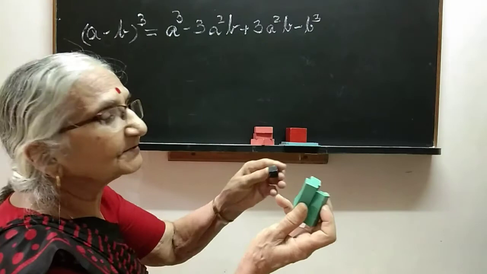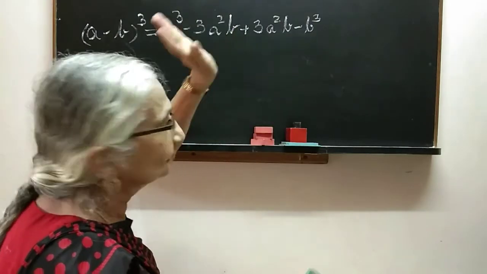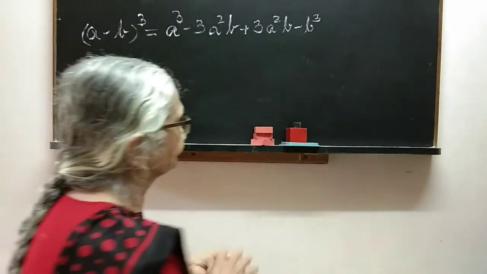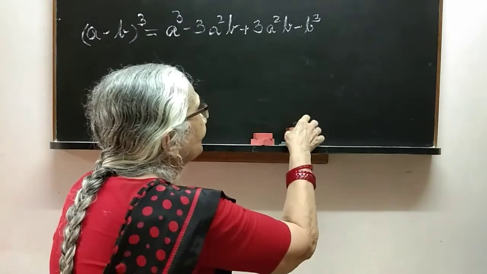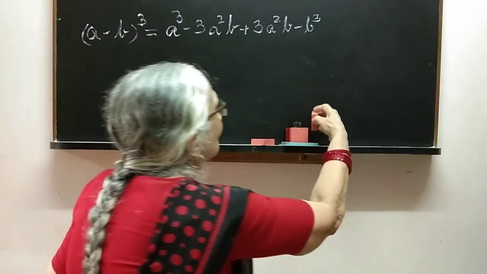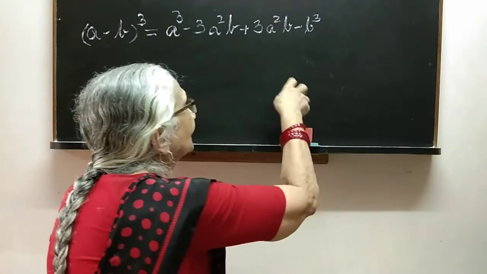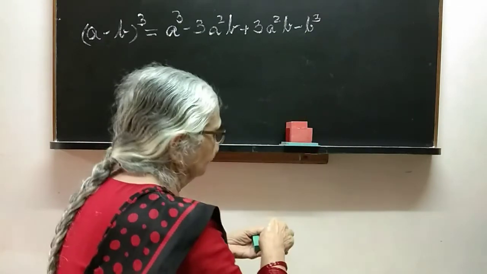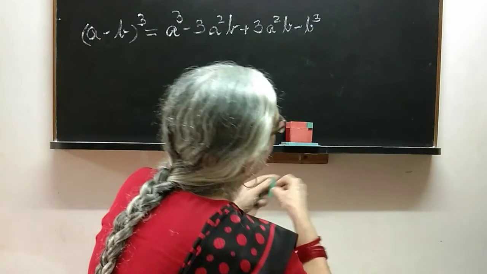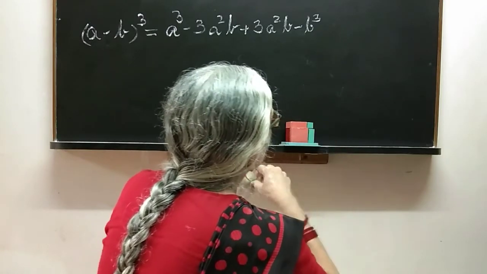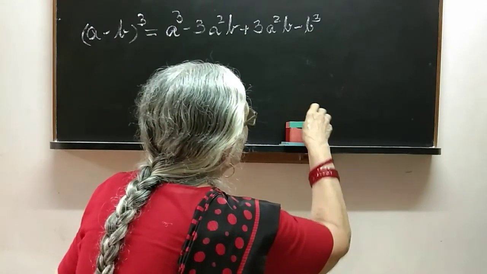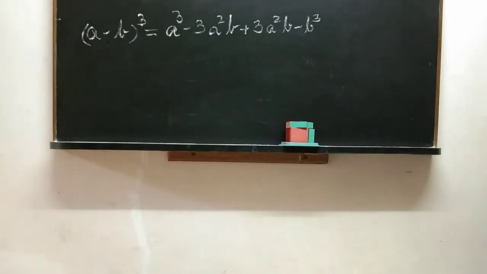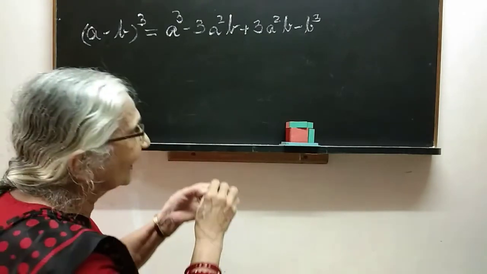These 3 cuboids of the same size and 2 cubes. And we have them arranged to form a cube whose whole side is a and the little side is b. The black side is b.